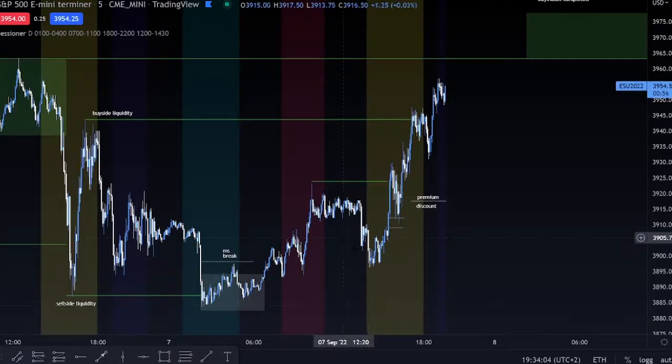So I'm going in with the expectation of price gonna run into these highs here. I took partials here and unfortunately got stopped out here.